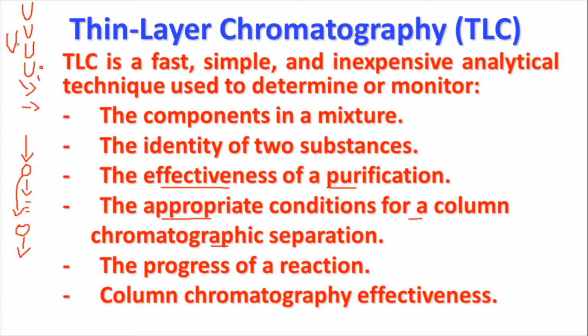A lot of information is needed before starting column chromatography, and this information is easily obtained from thin layer chromatography. So we can decide the appropriate conditions, meaning volume of sample, concentration of the sample, type of mobile phase and time. A lot of information we can predict by TLC, and it is used for effective separation in column chromatography.